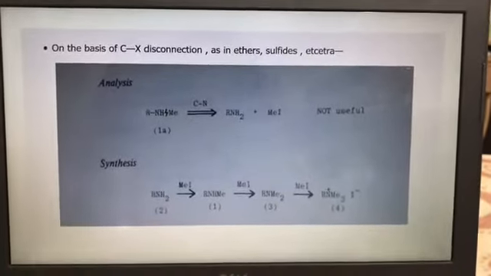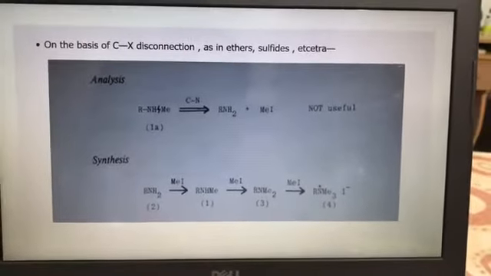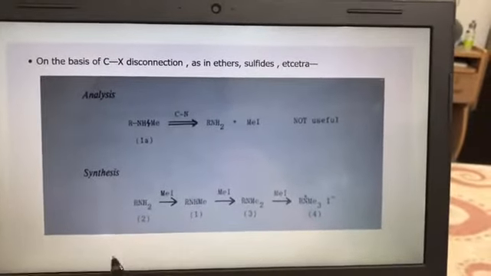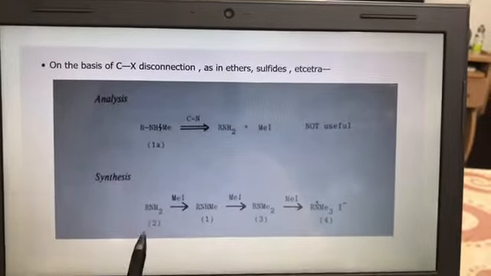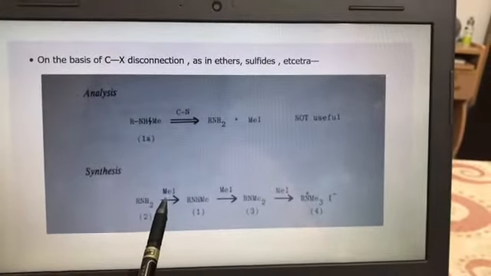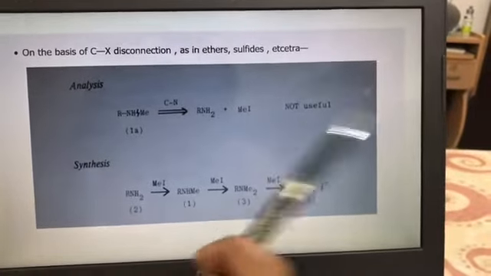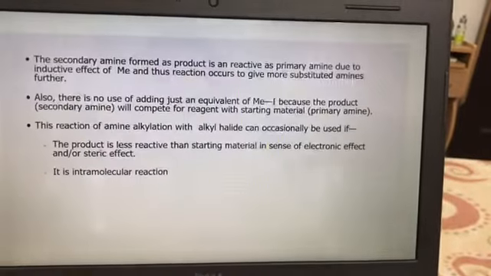Conventionally, we use alkyl halide for the amination of alkyls or aryls, as seen here in the disconnection approach. In synthesis, we use alkyl halide for the amination. And why? What is the problem with this method?